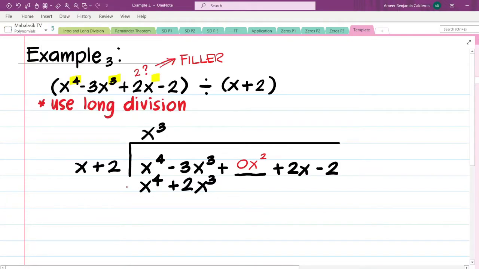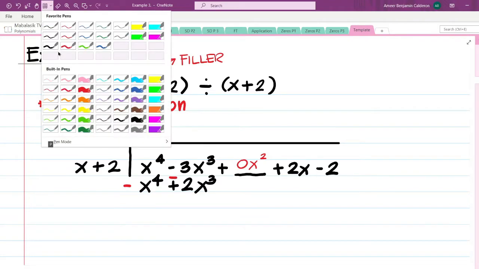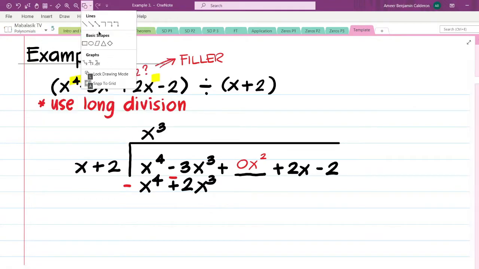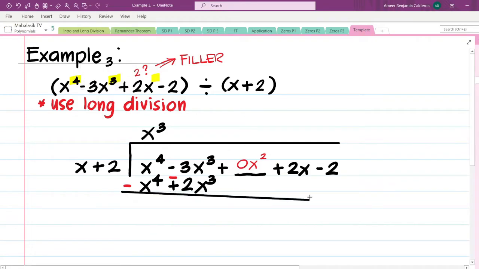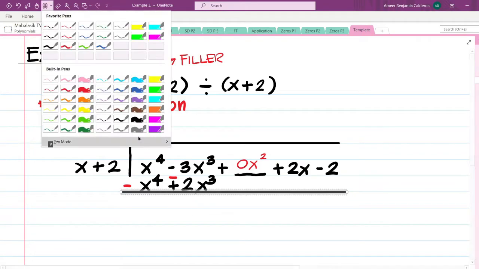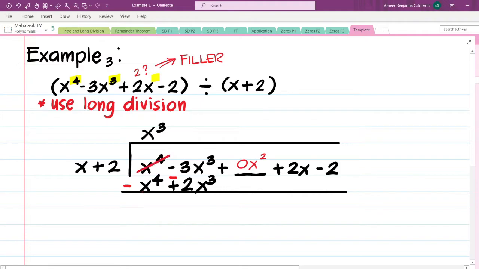So this is a positive, this will become negative, also a positive, this will become negative, and then we add. So we have now cancelable terms here, and we are left with negative 3x cubed minus 2x cubed, both negatives. So that's negative 5x cubed.